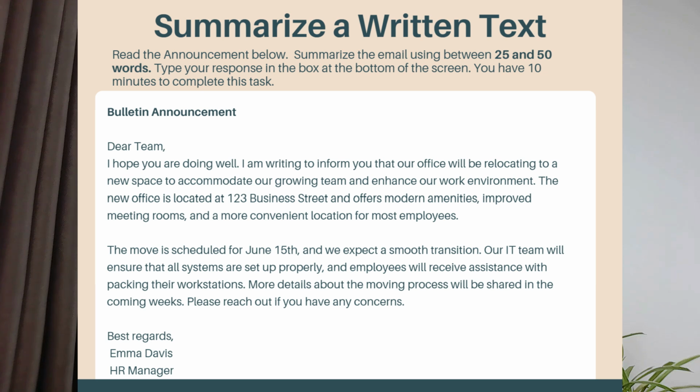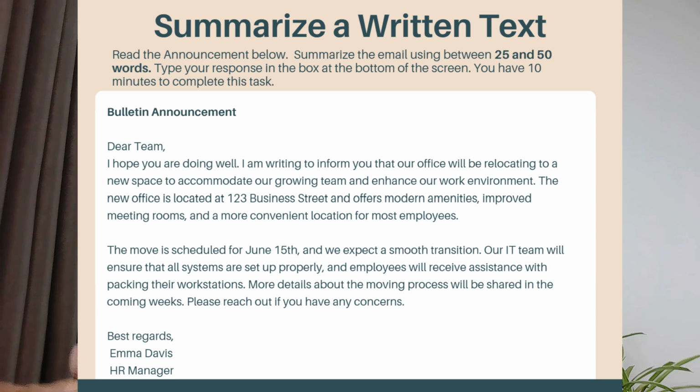Our IT team will ensure that all systems will be set up properly and employees will receive assistance with packing their workstation. More details about the moving process will be shared in the coming weeks. Please reach out if you have concerns." From Emily Davis.